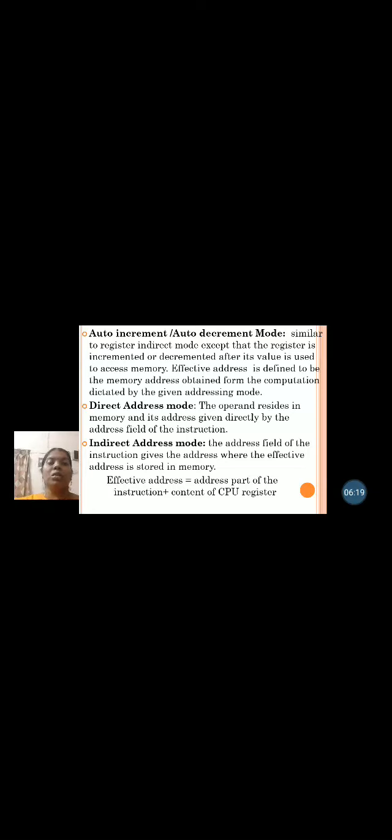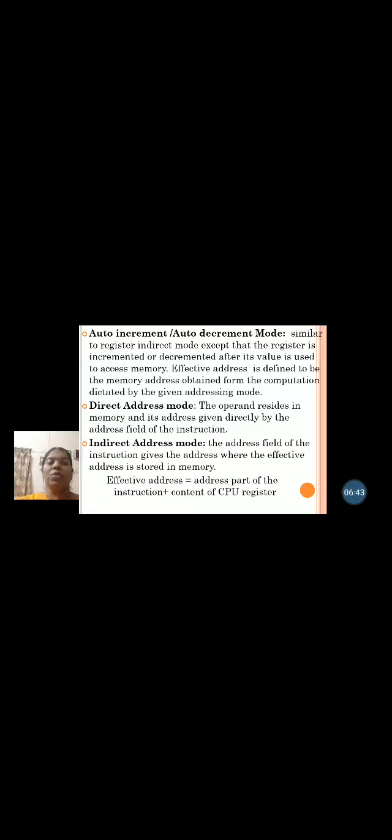The next one is direct address mode, in which the operand resides in the memory and its address is given directly in the address field of the instruction. It is a very common addressing mode, where the address of that particular value is specified in the instruction itself. Indirect address mode.